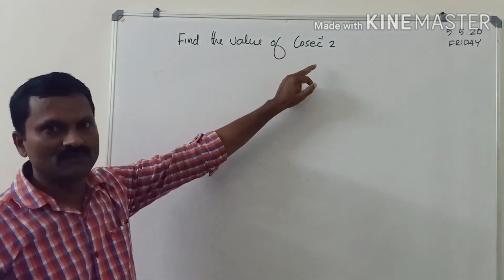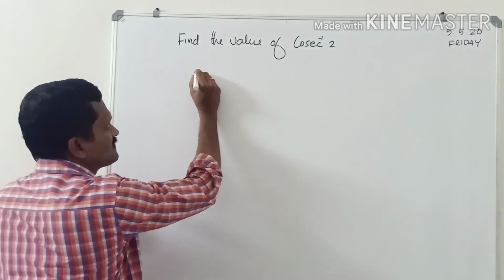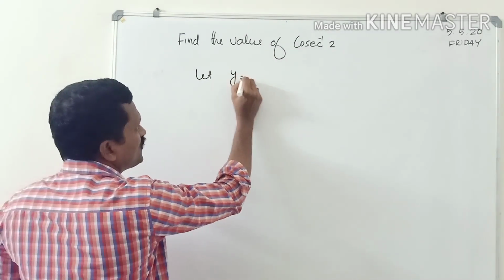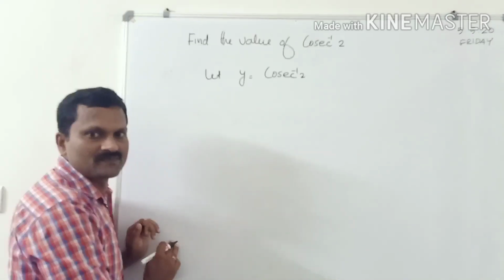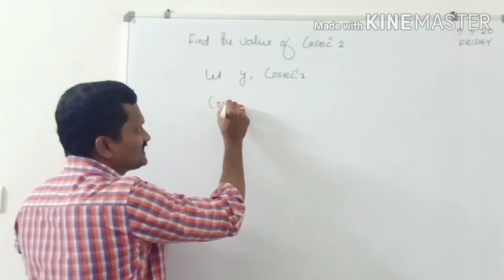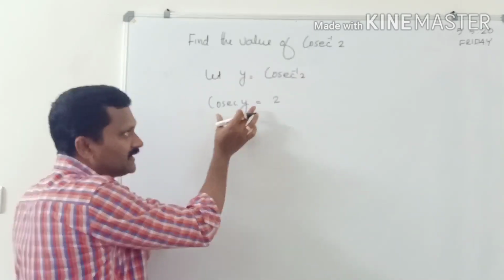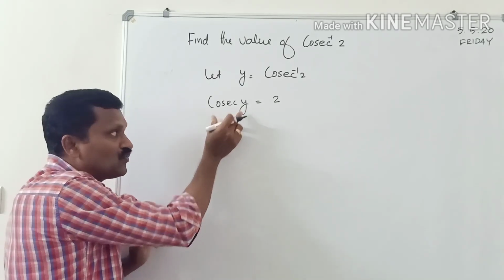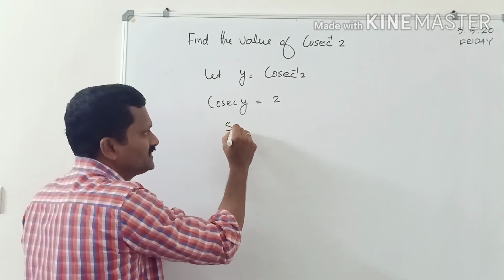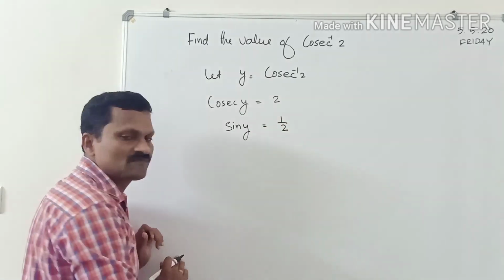Find the value of cosec inverse 2. Answer. Let y equal to cosec inverse 2. Therefore cosec y equal to 2. Take reciprocal on both sides. Then cosec y becomes 1 by cosec y, that is sin y, and 2 becomes 1 by 2.